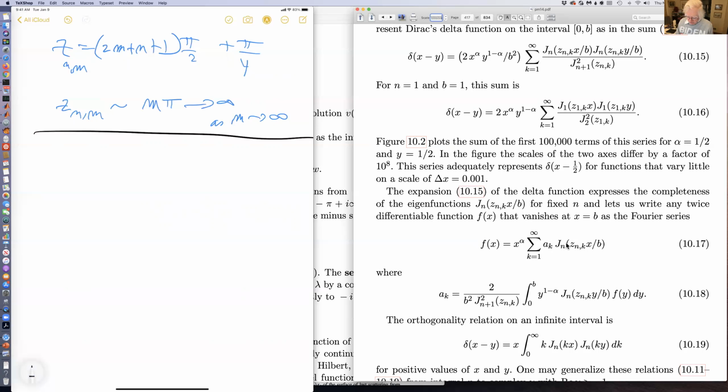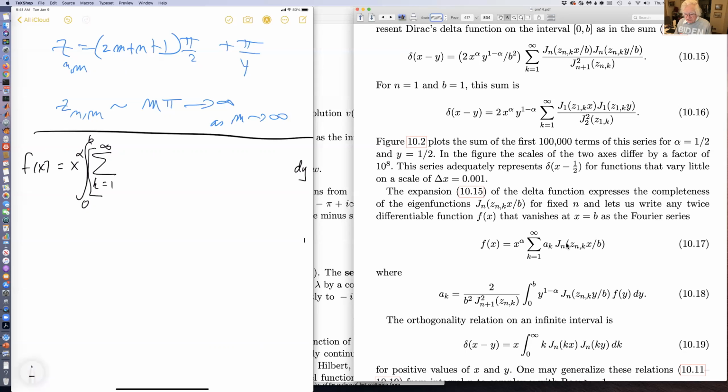What we've done here is write this as f of x equals x to the alpha, and now we're summing k equals 1 to infinity, but we're also integrating. So let me put that integral here, 0 to b. I'll put a dy out here. And I'm going to put a bracket around this sum.